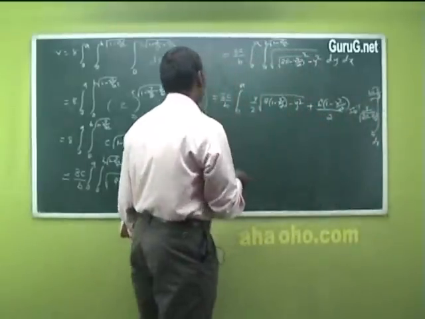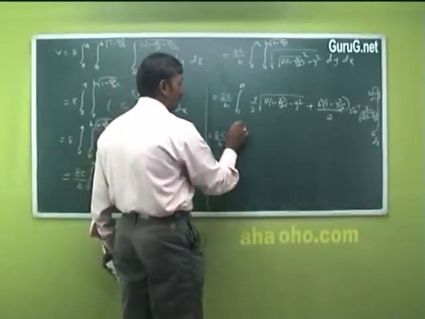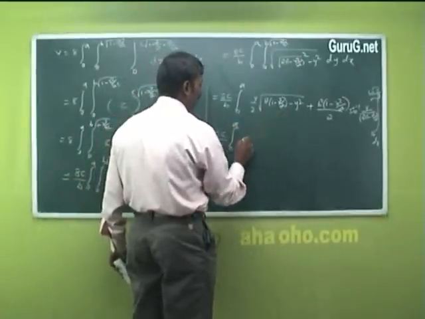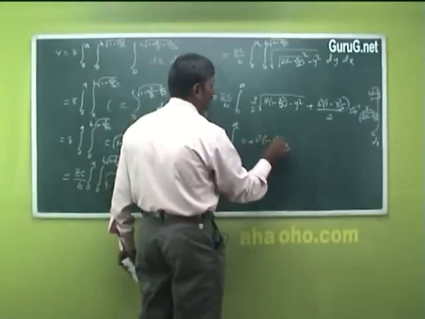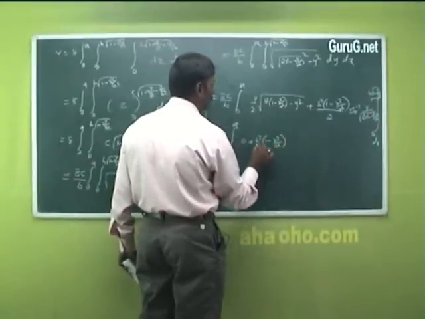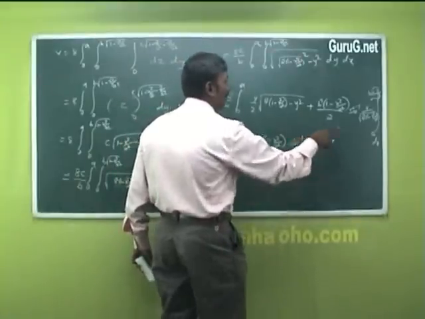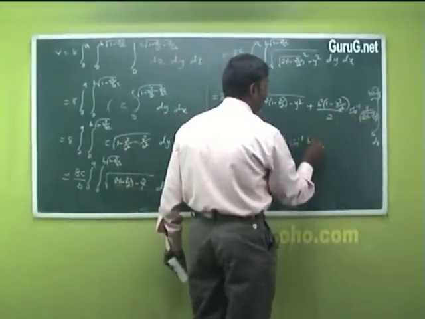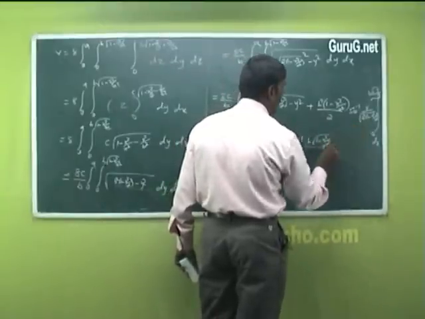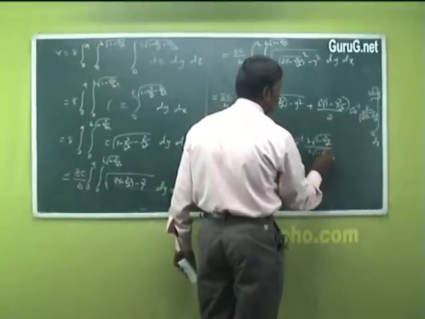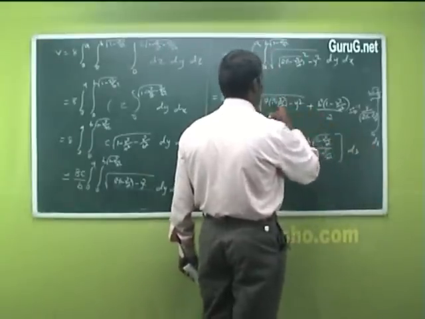Substitute the limits. 8c by b, integral 0 to a. Substituting here, the first term becomes 0, right? Then plus b squared into 1 minus x squared by a squared by 2, then sin inverse of b into root of 1 minus x squared by a squared over b into root of 1 minus x squared by a squared, dx. Substituting the upper limit, this is sin inverse of 1; for the lower limit 0.